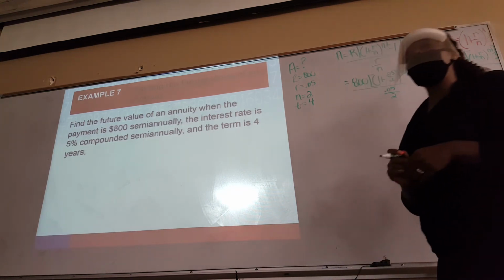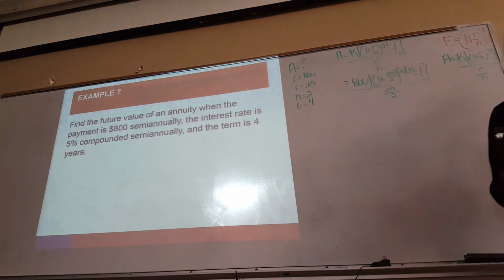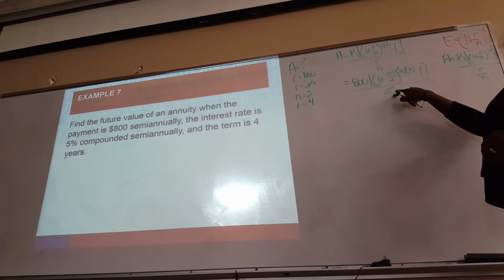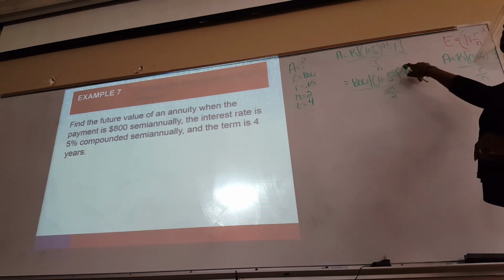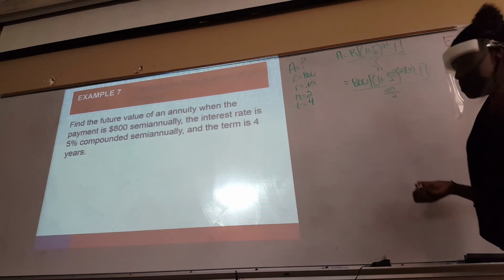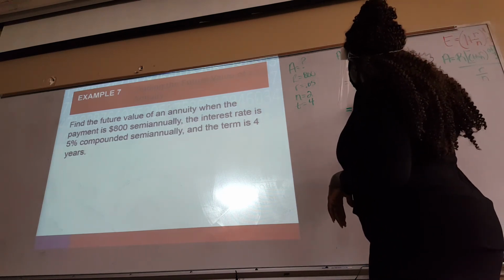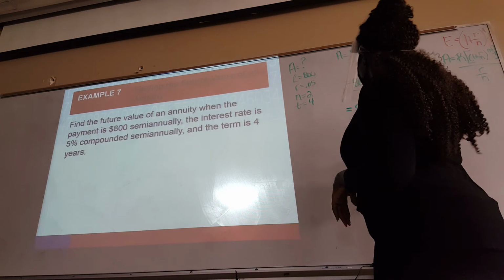Alright, so simplifying this is a little bit simpler than the actual compound interest equation. The reason why, we have the same numbers right here, don't we? So that means we don't have to find this one once and execute our exponential function once as well. So can I get the 0.05 divided by 2? 0.025, thank you.